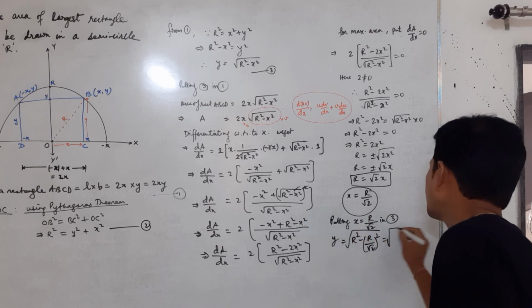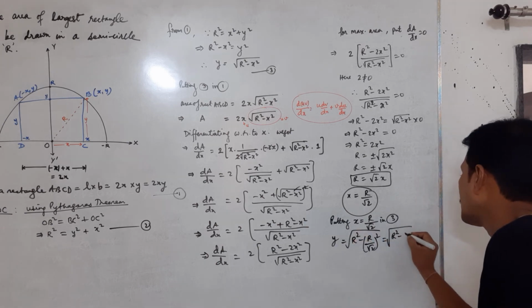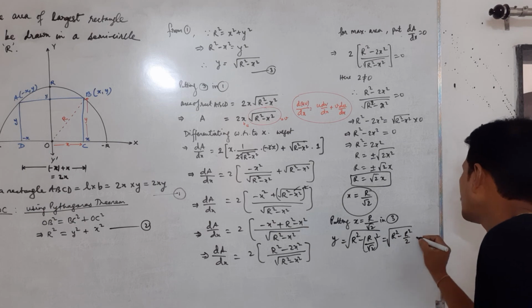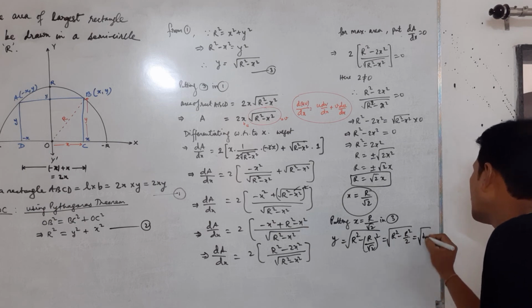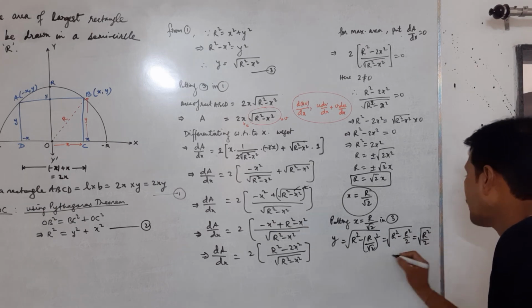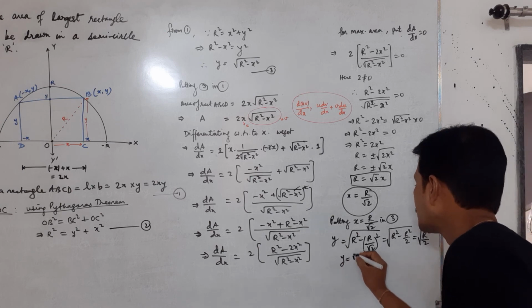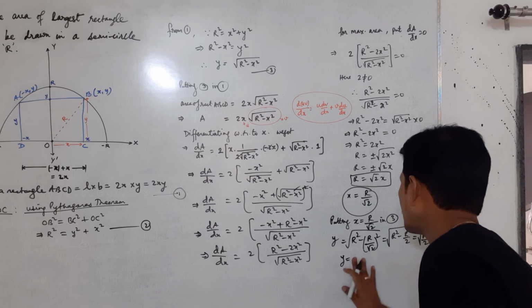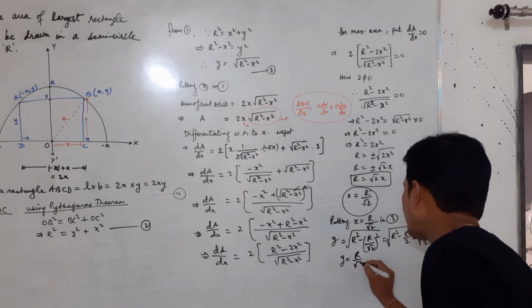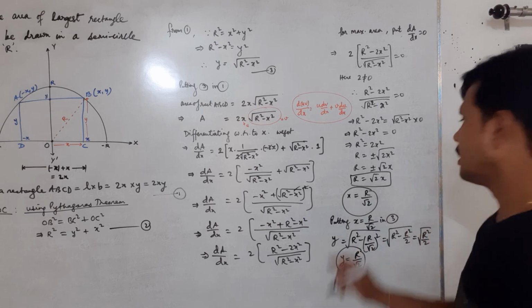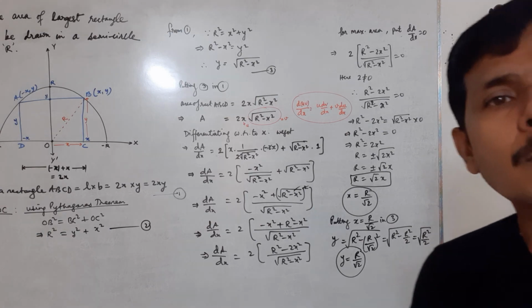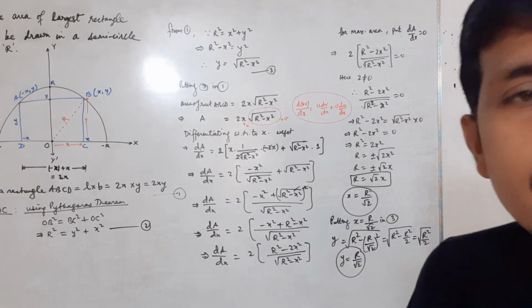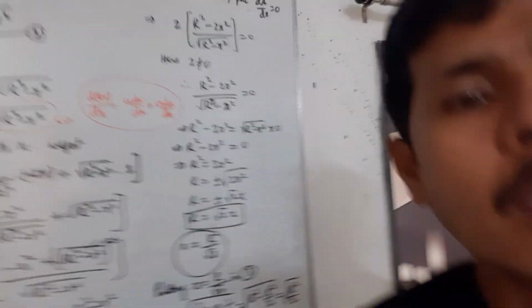When you calculate it further, we will have r square minus r square upon 2. So we will get r square upon 2. The final answer y is also equal to r upon square root of 2. You can see over here both the values of x and y are equal.